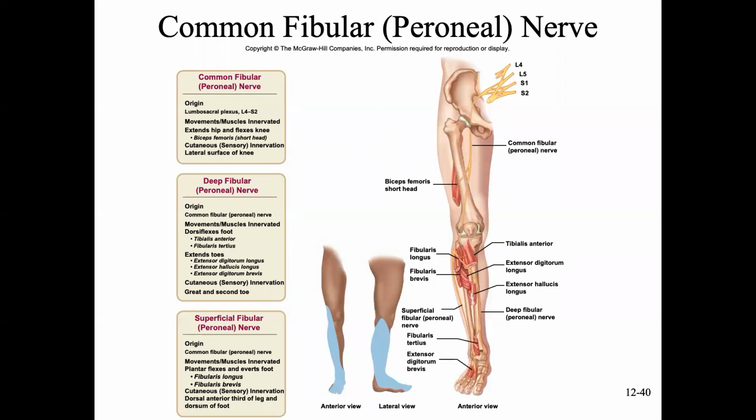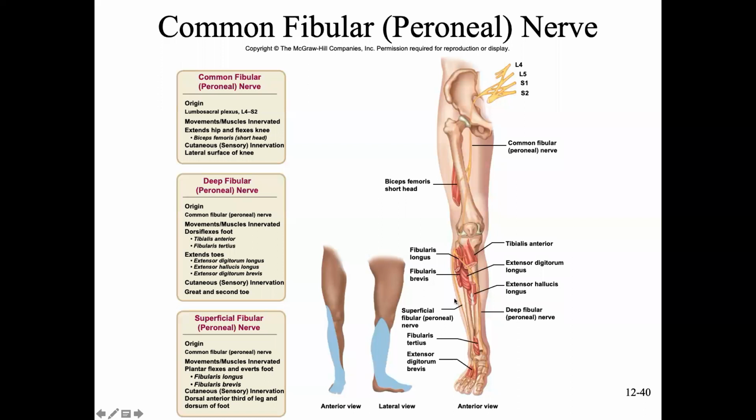In order to move your foot then upwards, you need these nerves right here, especially the deep fibular. The deep fibular allows our feet, our toe region, to move upwards. So then the heel is below the toe. Because the heel is below the toe, when we land with our body weight, we hit our heel first, and then the toes follow. So then you can push off again, right?